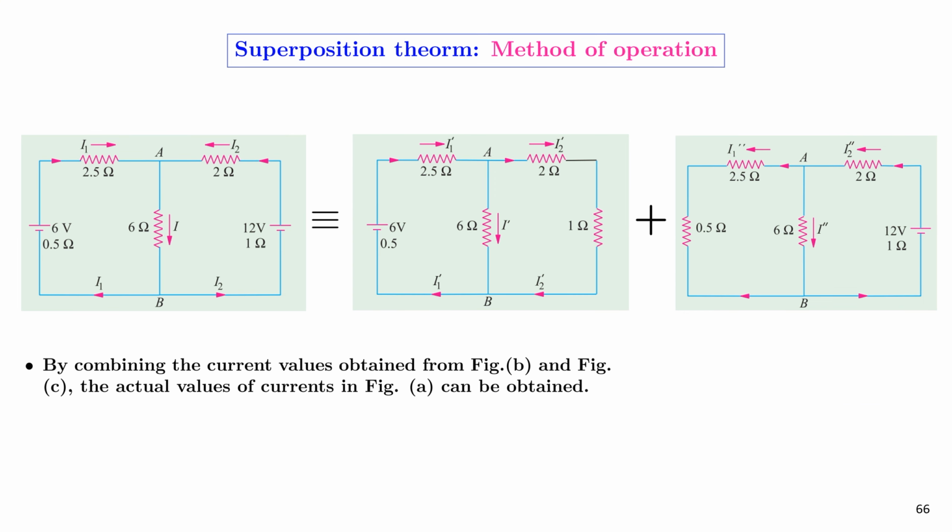In the final step, we'll combine the current values obtained from figure B and figure C, and the actual values of the currents in figure A will be the superposition of these currents.